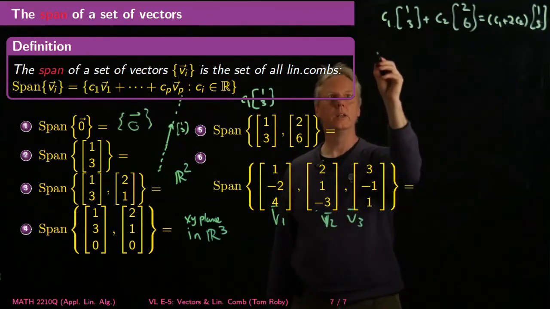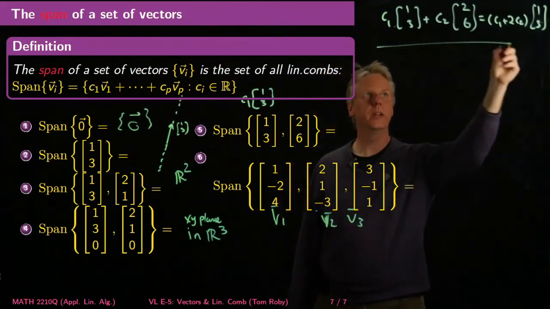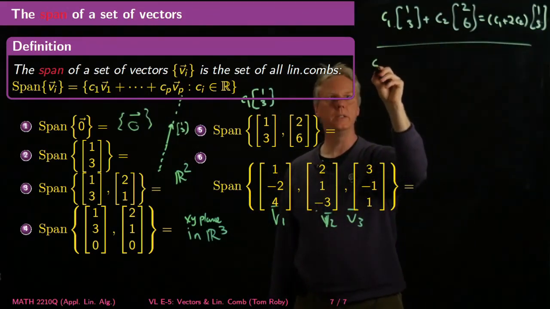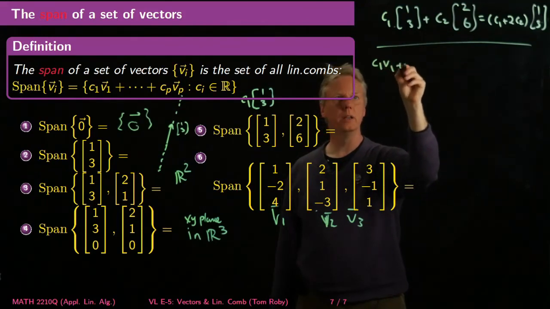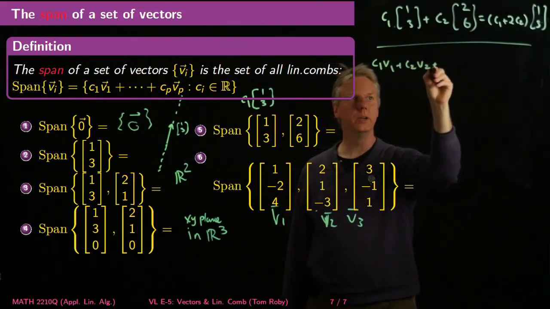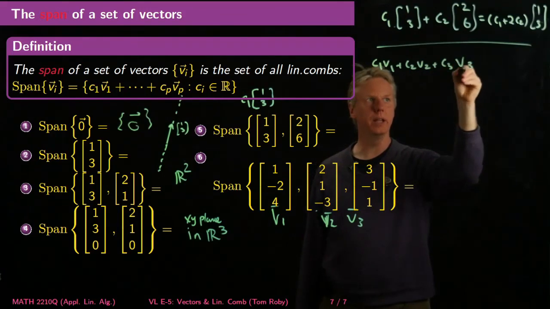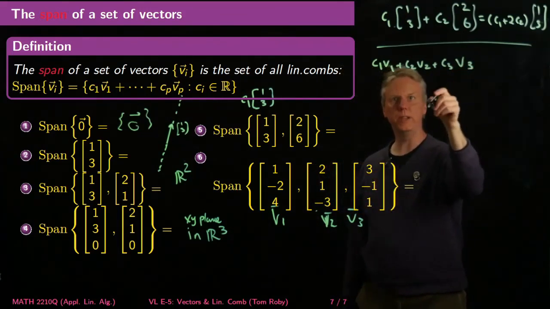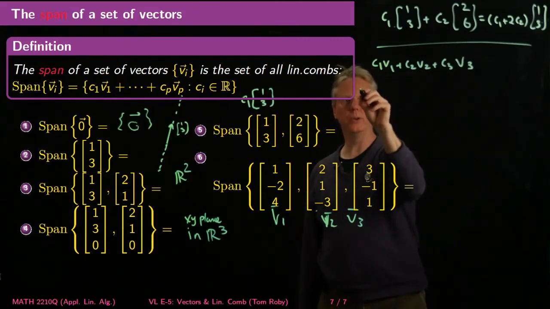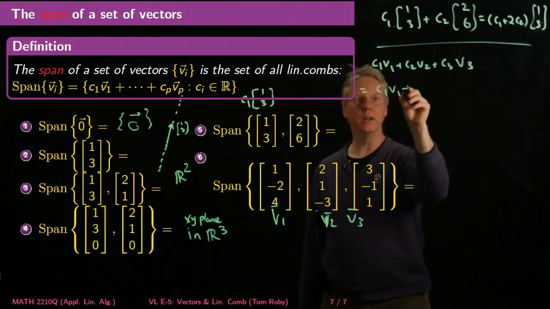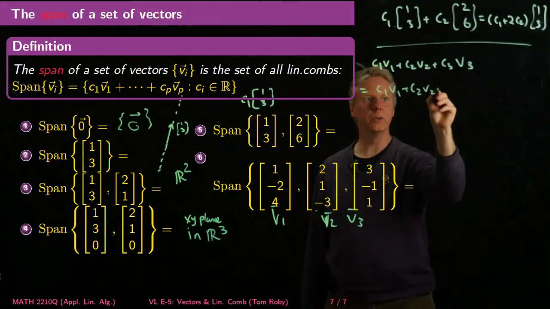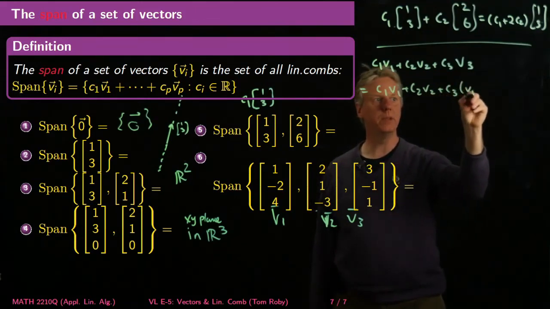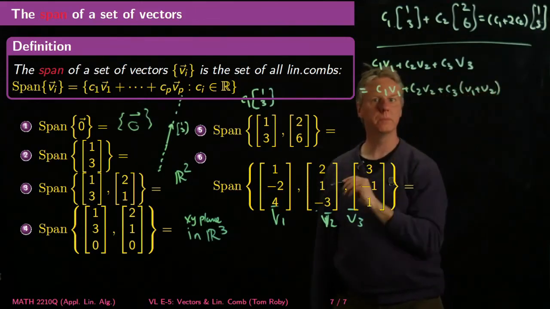So what's going to happen? Well, c1v1 plus c2v2 plus c3v3, since v3 is v1 plus v2, this is equal to c1v1 plus c2v2 plus c3 times (v1 plus v2). Okay?